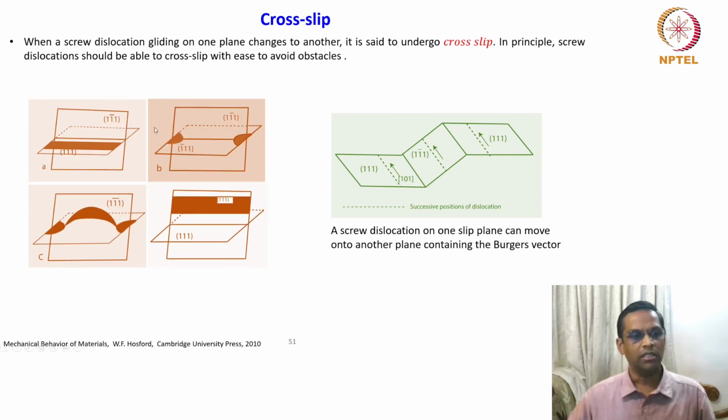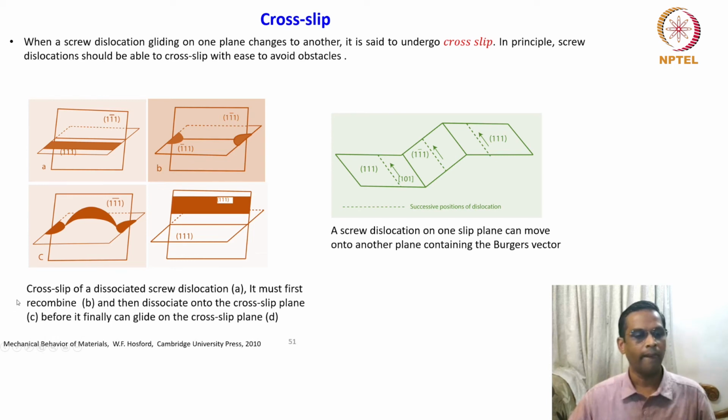So what are these schematics? This is a cross slip of a dissociated screw dislocation. Two dissociated screw dislocations are shown here, and these two planes are intersecting planes of similar nature.